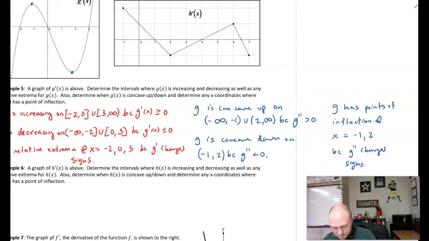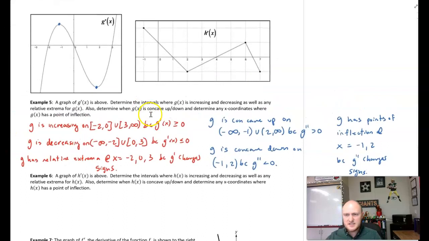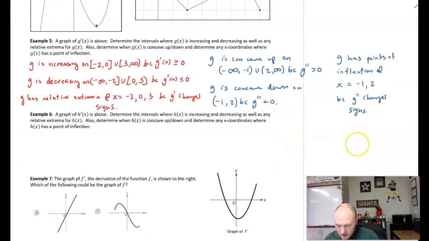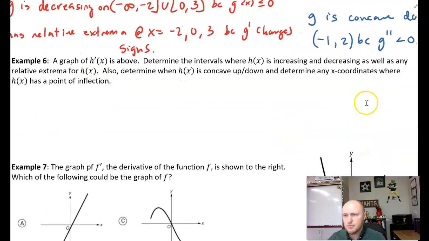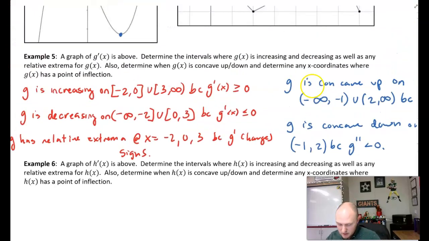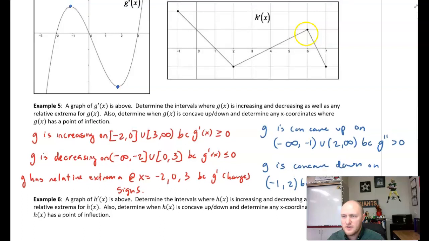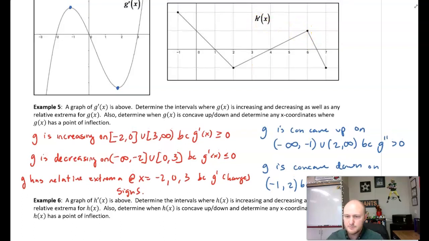All right. So that is interpreting increasing, decreasing, and relative extrema. Again, we look at the sign values of the first derivative, and then concavity and inflection points come from the second derivative. I want you guys to go ahead and pause the video and try example 6 and answer the same questions about h with h prime given here.